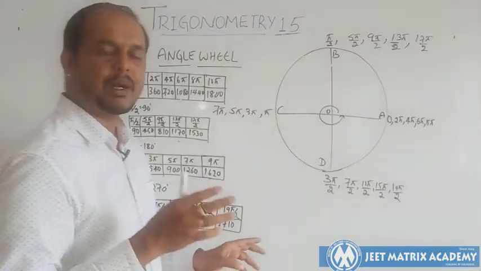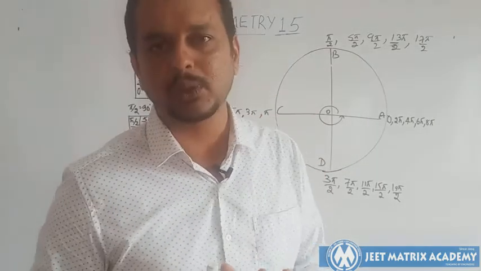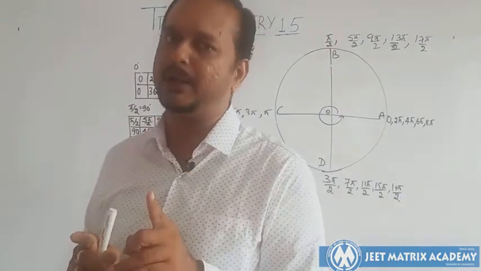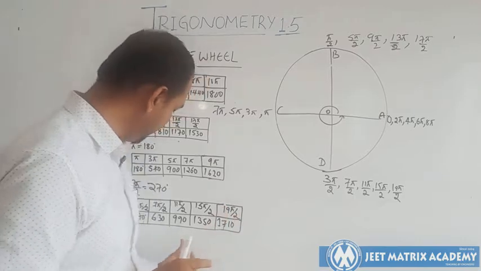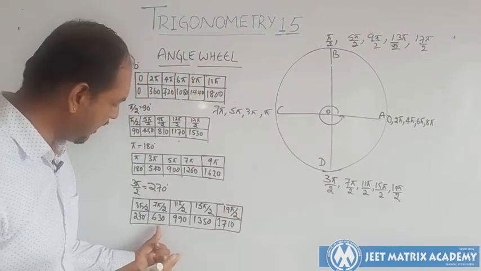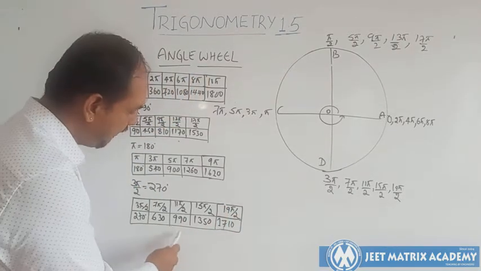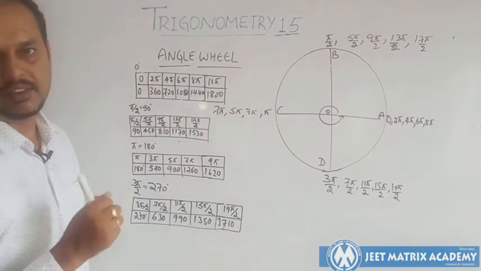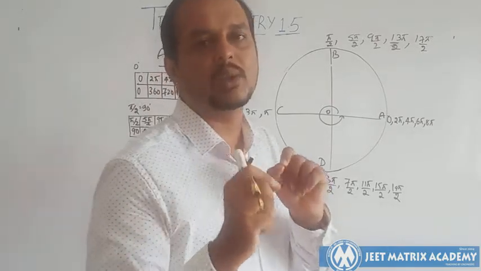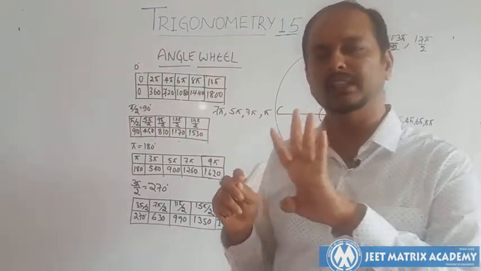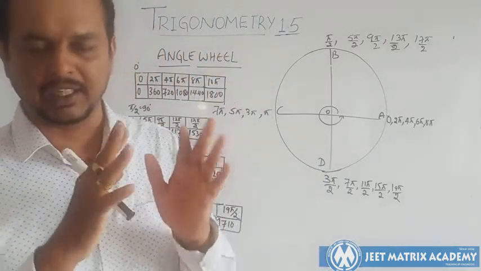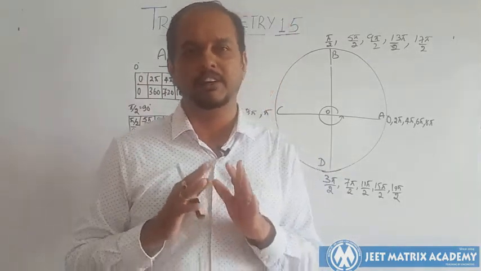Again, 3 pi by 2, then 7 pi by 2, then 11 pi by 2, then 15 pi by 2 and 19 pi by 2. This is in radians. In degrees it is 270, 630, 990, 1350 and 1710. Somehow try to remember these 5 angle positions, that is 5 revolutions of angles. Then the rest of the things will be very easy.